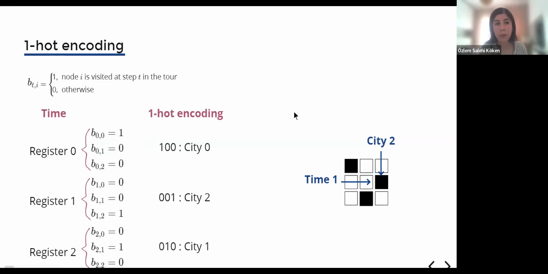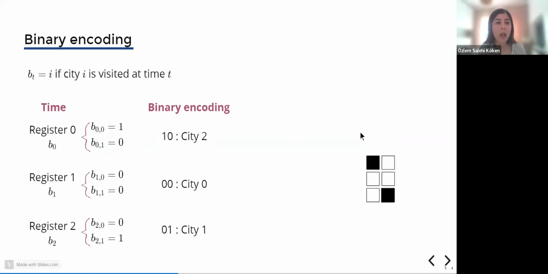There is also binary encoding, which we will come back to later on, but I want to talk about it now. In binary encoding, you represent by B_t the city visited at time t. For instance, in case of, again, 3 cities, we will represent B_0 by 10.